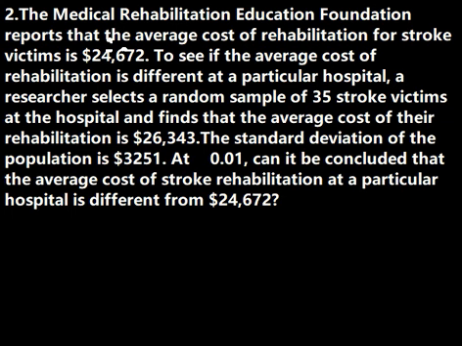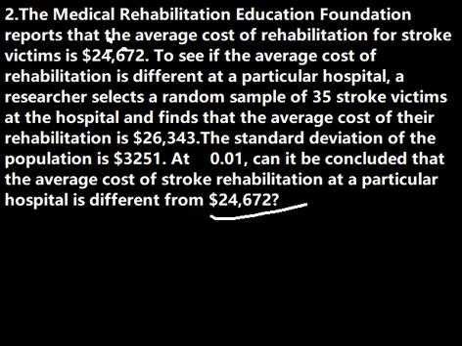Now the standard deviation is given as this. And at alpha equal to 0.01, can it be concluded that the average cost of stroke rehabilitation at a particular hospital is different from this one?